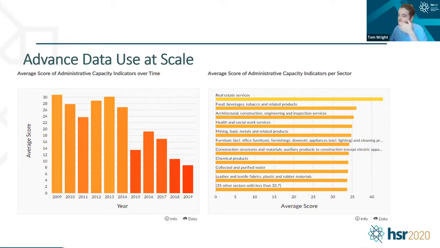So in the first graph on the left, you see the average score of administrative capacity indicators over time. Obviously, it's going down. There's a trend there in that the administrative capacity in this particular country, because the unit of analysis is a country, is going down. And then on the right, it breaks it down by sector. So you may be able to see why this might be useful for government and for civil society to understand the procurement system in detail. Next slide, please.